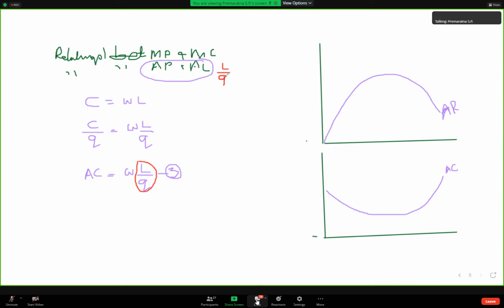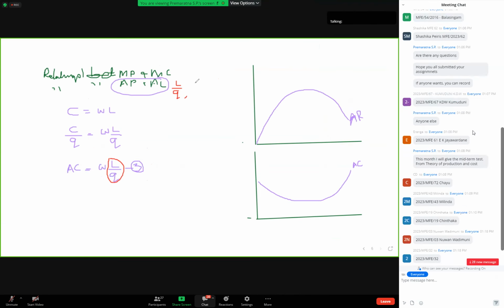Of course, cost equals wage rate times labor. Now, what will happen to the fixed cost on the capital? I leave it out, but you can add it here, because it's a short-term situation.